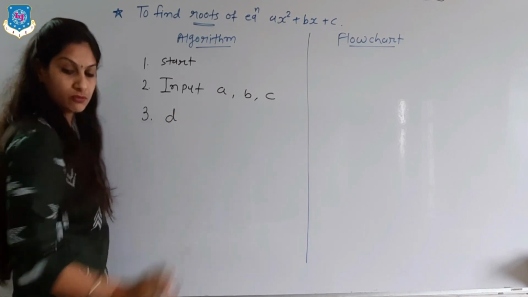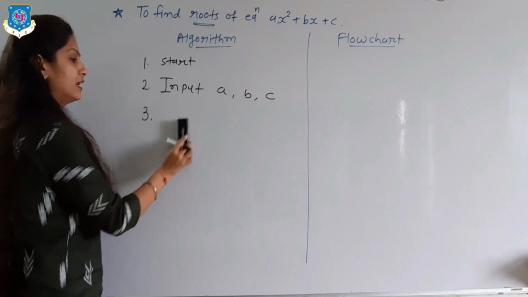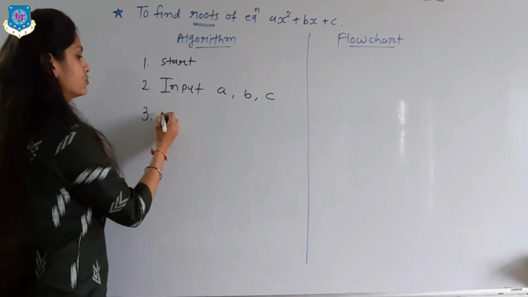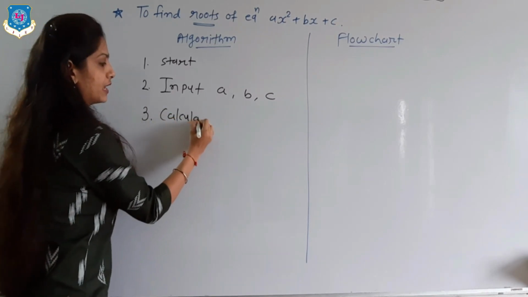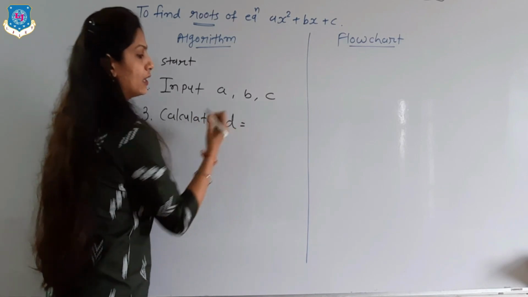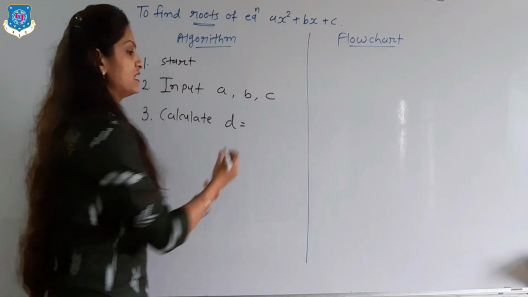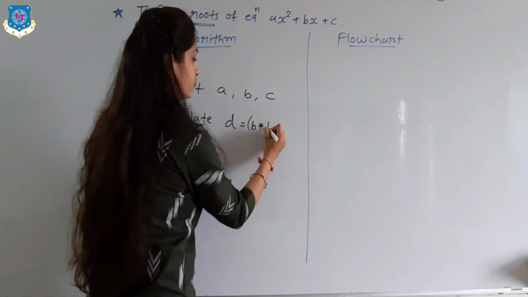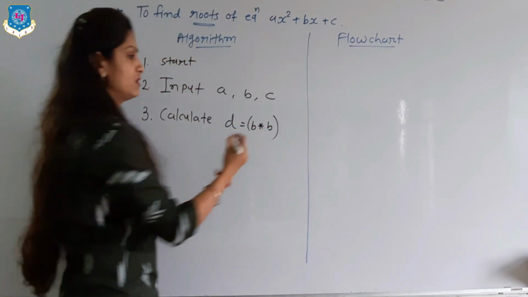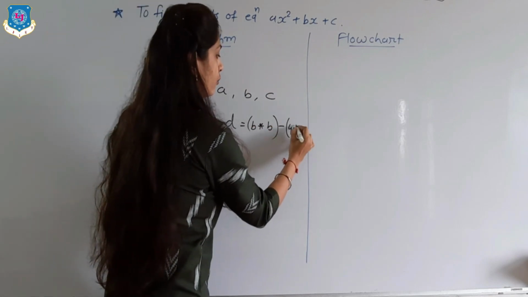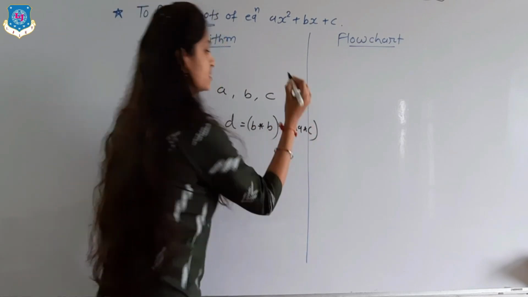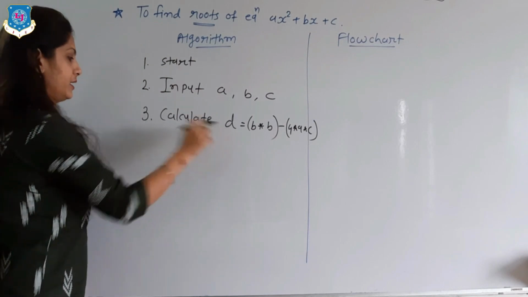You can write here the word like calculate, or directly you can write the formula. So here I am writing calculate d equals, now the formula b square is there. So b square is not possible, for that we have to write b into b, that is b square minus 4 into a into c, that is d.